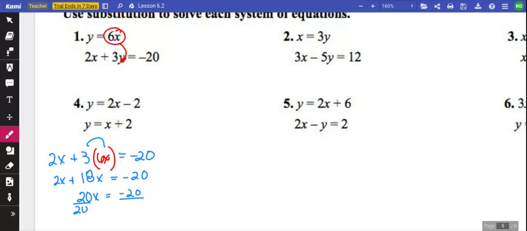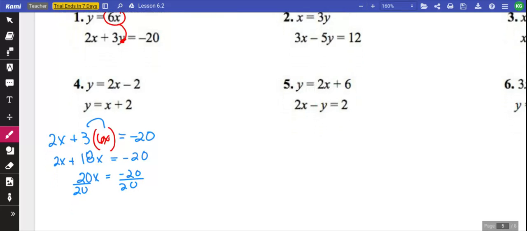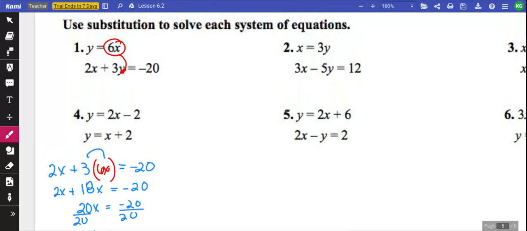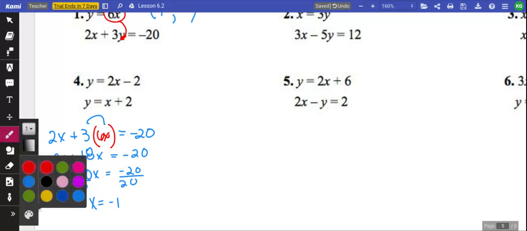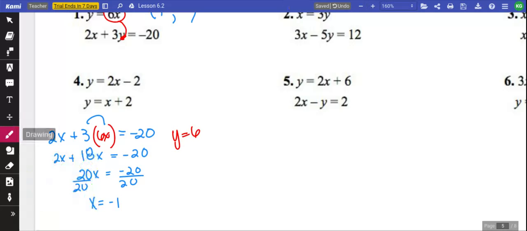Divide both sides by 20. And I get x to be negative 1. So I'm going to come up here and start my solution with negative 1 for the x place. Now, since I know that x is negative 1, and I know that y equals 6 times x, I'm going to put the negative 1 in there and back in that top equation.